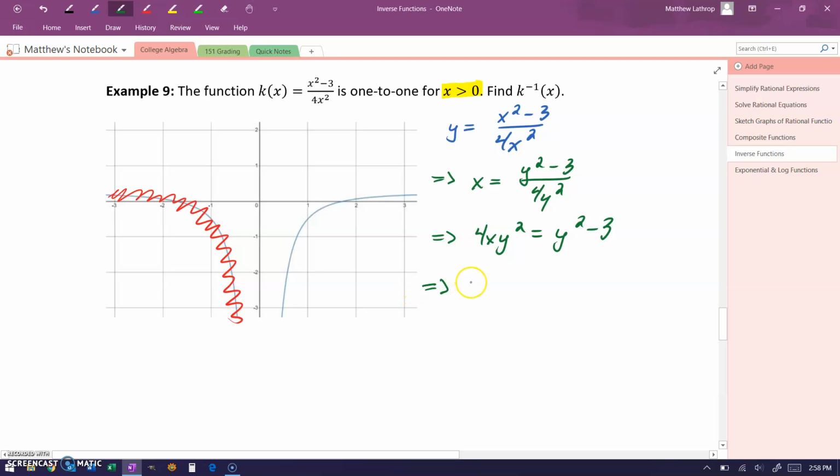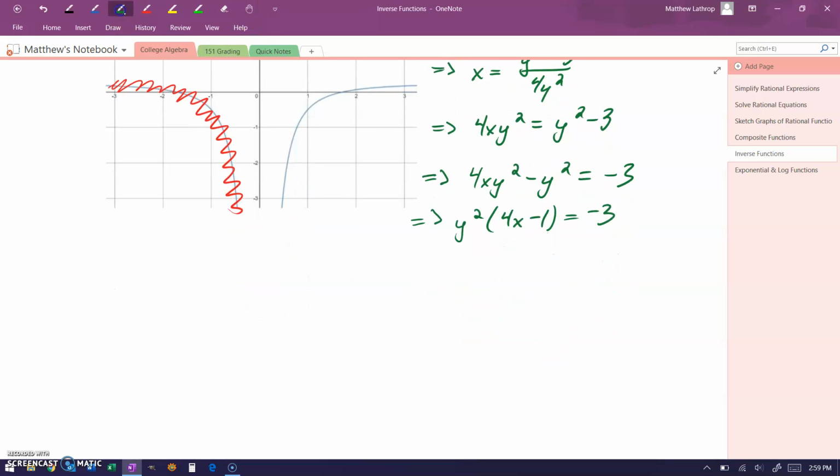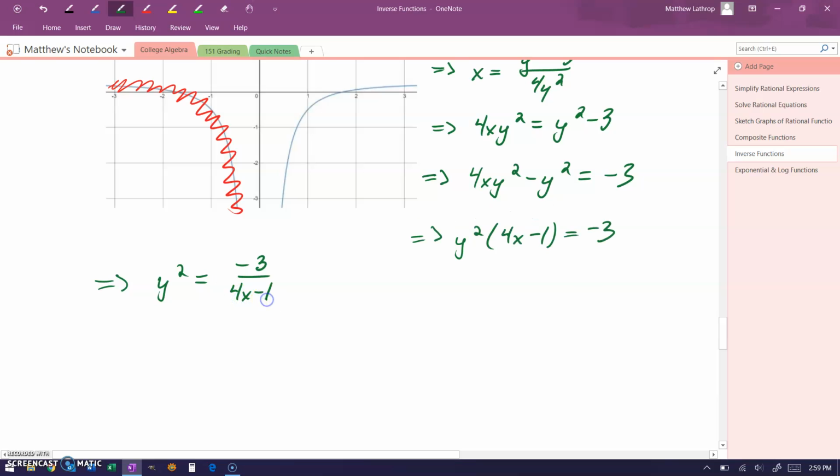We can look then at grouping all of our y squared terms on the left-hand side, and then factoring out that y squared that's common to give us y squared times the quantity 4x minus 1 is equal to negative 3. Dividing both sides by 4x minus 1 will give us y squared equals negative 3 over 4x minus 1.